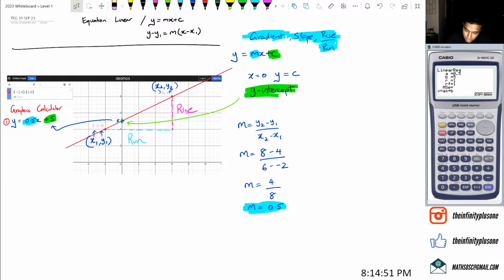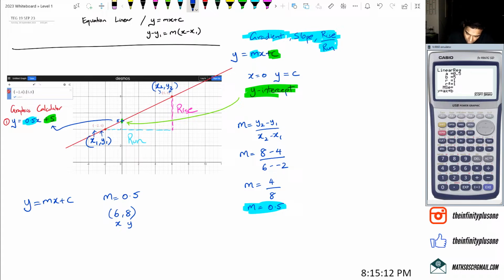But let's say I want to use y equals mx plus c. I know what the gradient is, which is 0.5, and you could choose any point. You could choose 6, 8, or you could choose -2, 4. It doesn't really matter. I am going to choose 6, 8 in this case, so that's my x and y value.